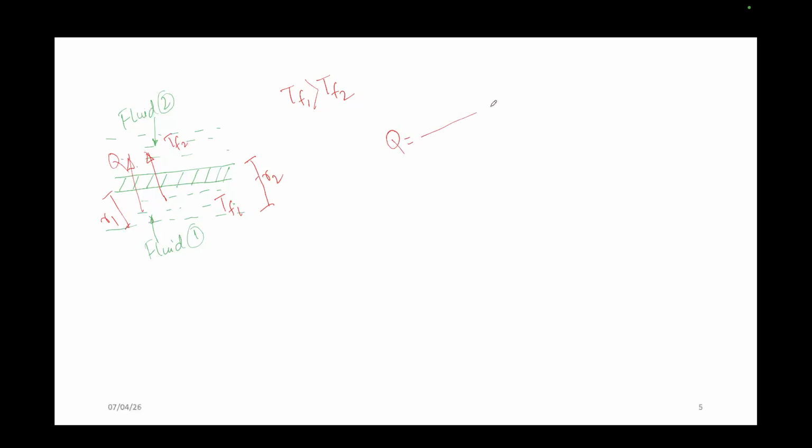Q is T by thermal resistance. But this is a fluid, so initially heat is transferred from this fluid into this solid, but through which mode, conduction or convection? Initially convection will be there, so H1 I can write.